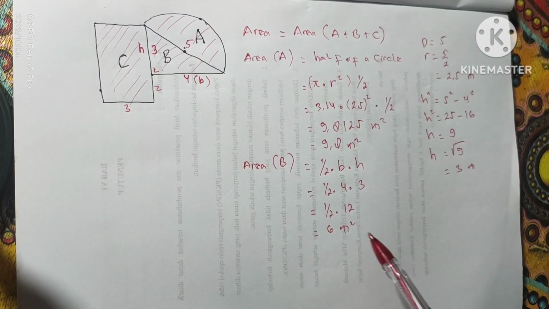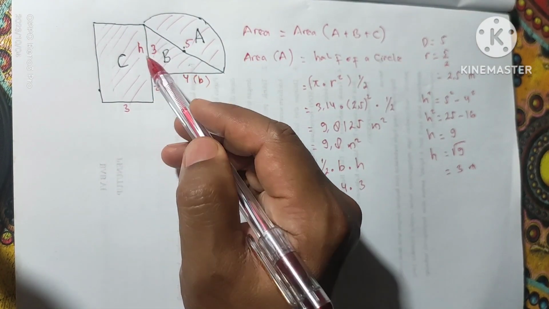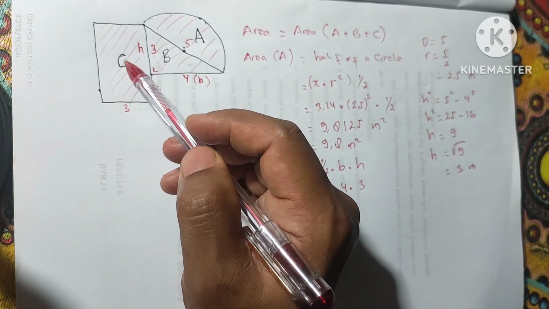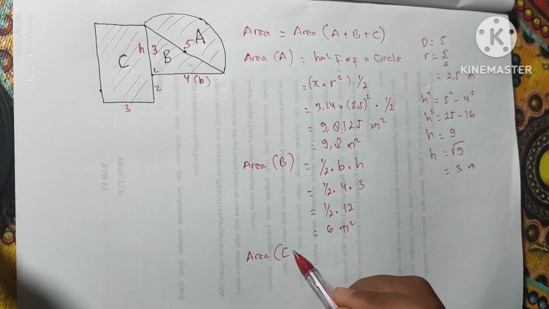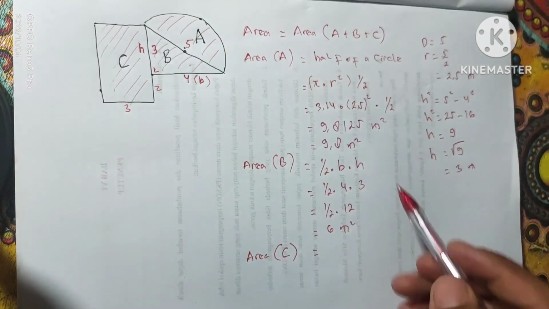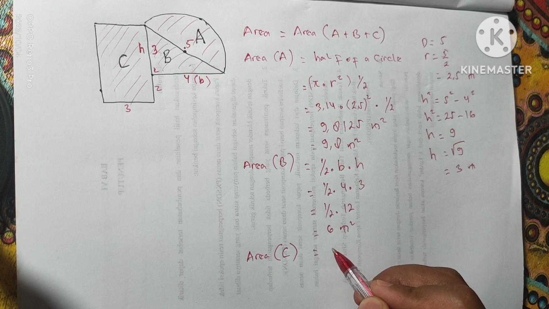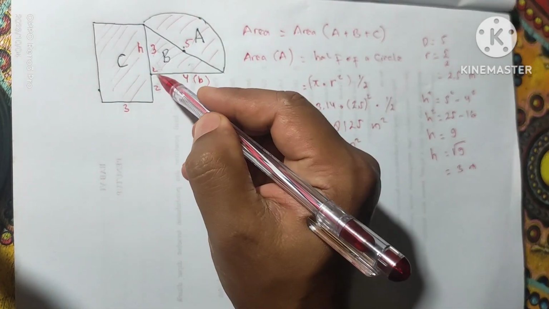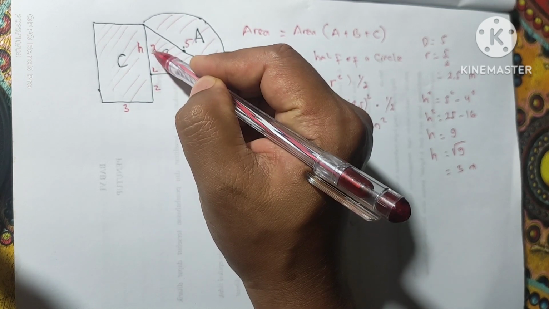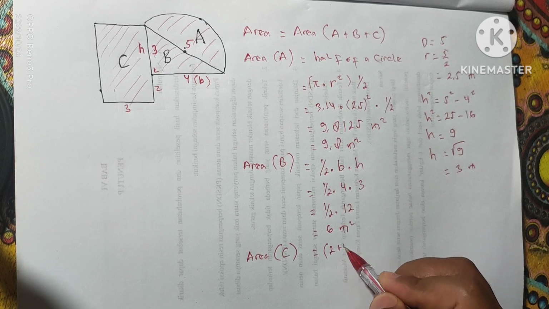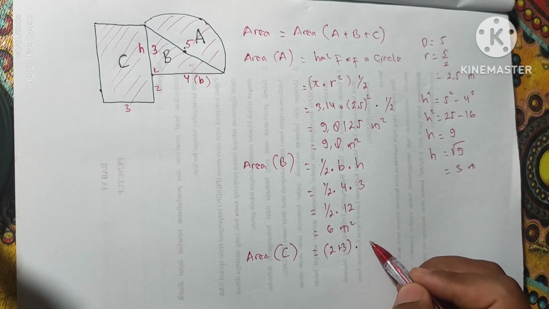Now we go to the area of part C, and from the picture we know that C is a rectangle. So the area of C is the area of a rectangle with the length of 2 plus 3, right? 2 plus 3 times the width, which is 3.